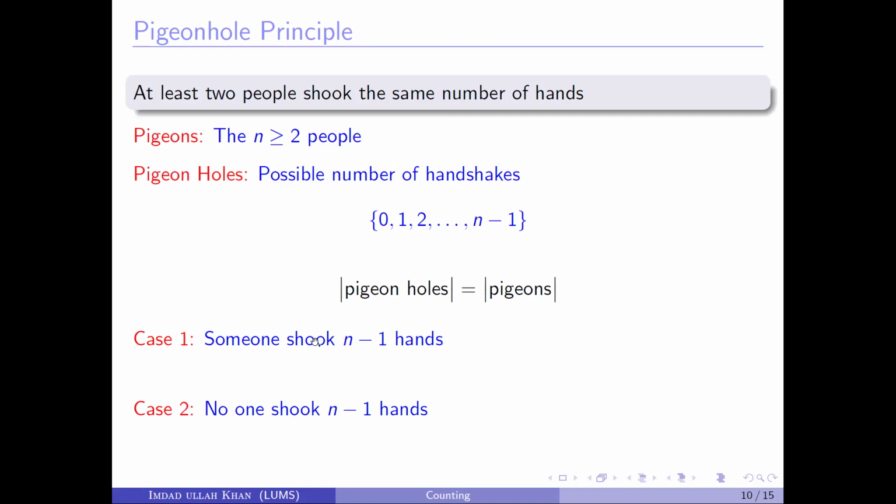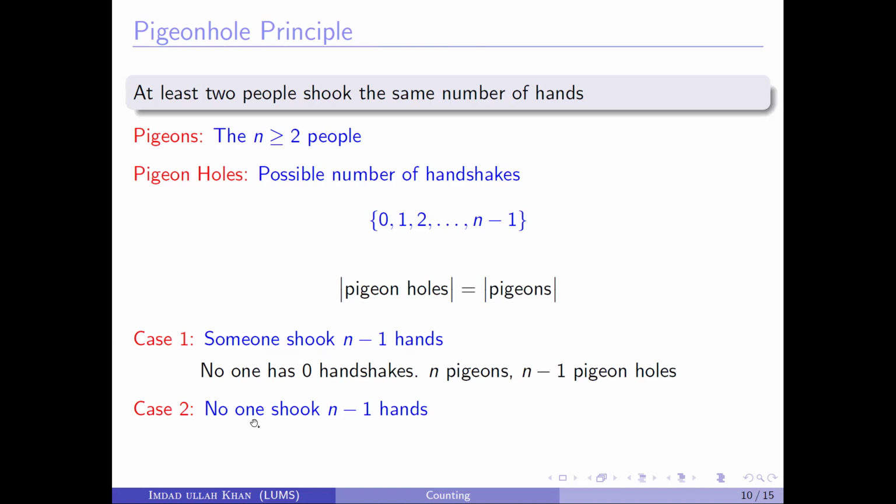That means that person shook hands with everyone else, so there's no person in the party having zero handshakes. So the number of pigeons is n, pigeonholes is n-1. Hence at least two persons would have shaken the same number of hands if case one happens.